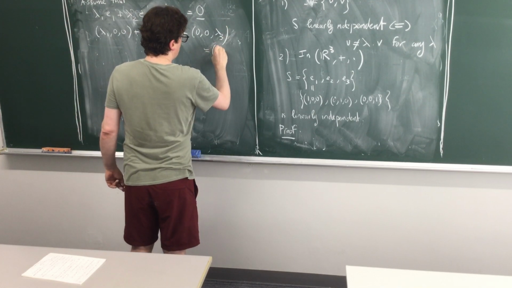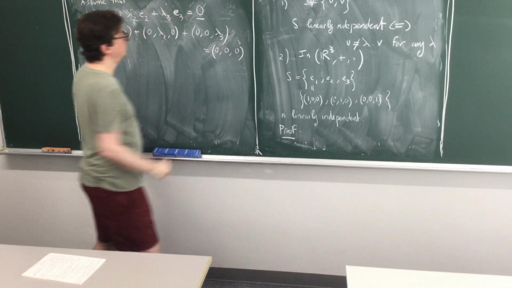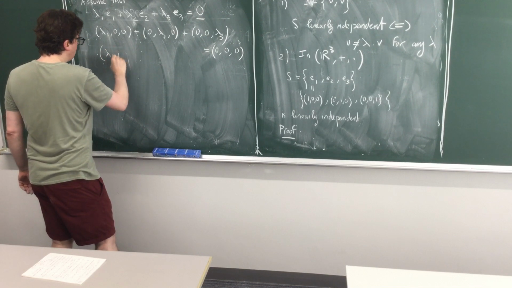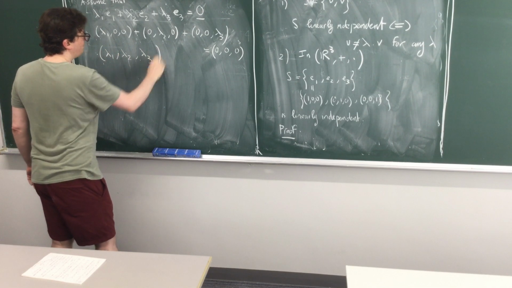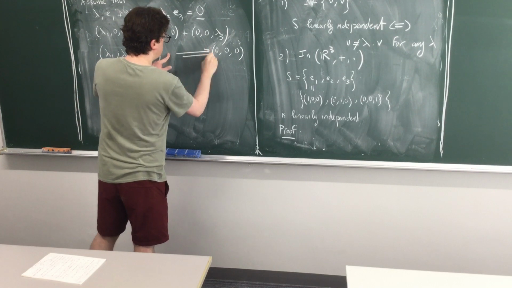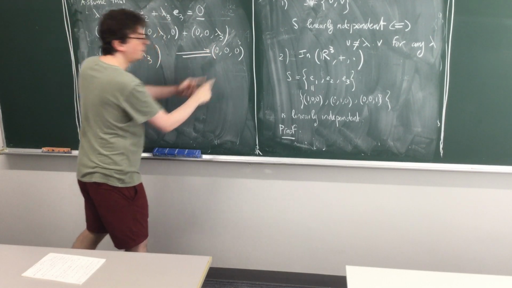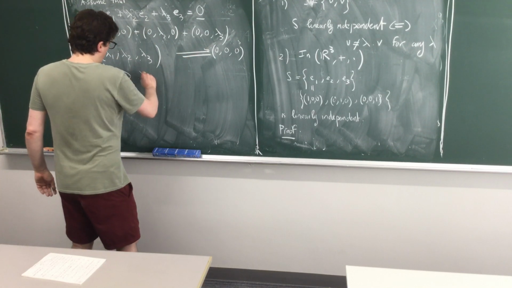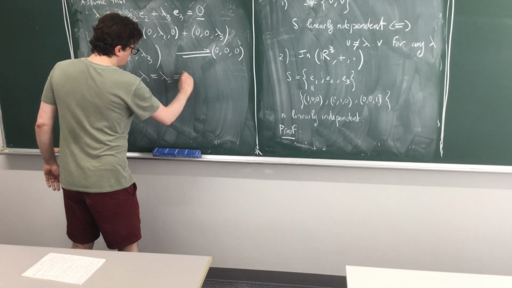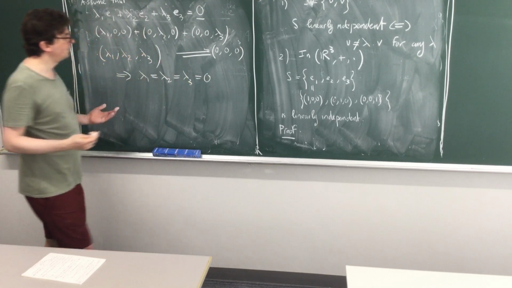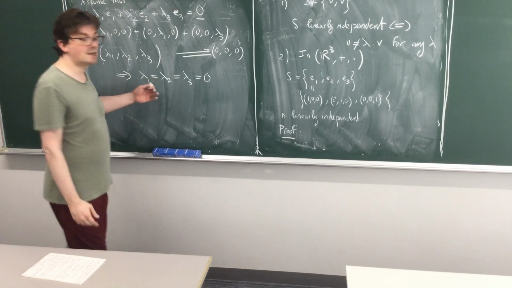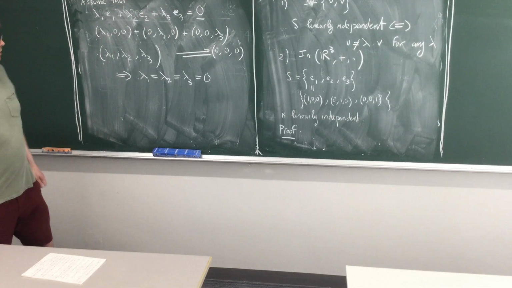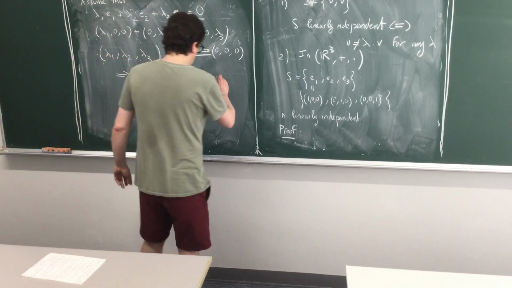It is equal to the zero vector, which means (0, 0, 0). Now, the left-hand side can be rewritten as (lambda_1, lambda_2, lambda_3). To say that this vector is equal to this vector can only happen if lambda_1 = lambda_2 = lambda_3 = 0. But this is precisely the condition that this set is linearly independent. So this is a proof.